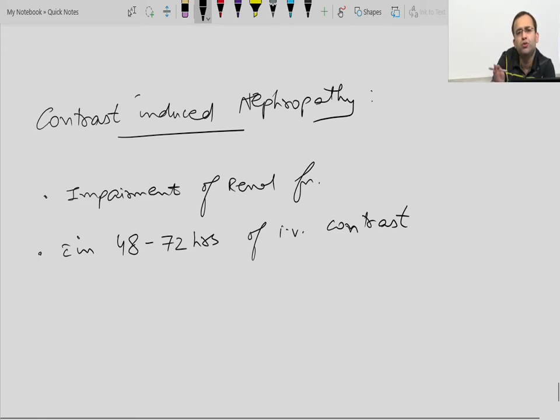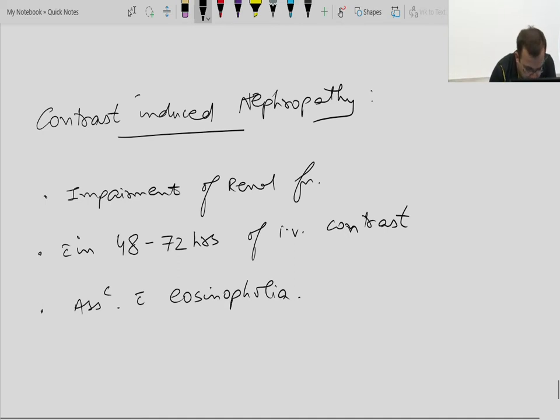Easy to remember, 2 to 3 days, 48 to 72 hours. Next point, it is associated with eosinophilia. This is contrast induced nephropathy.